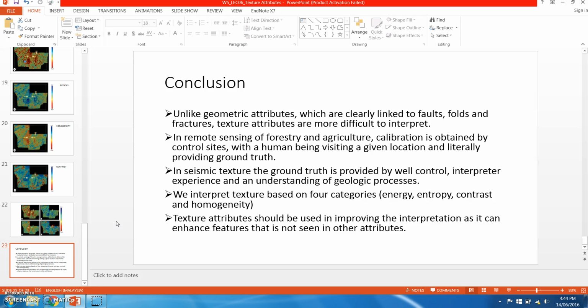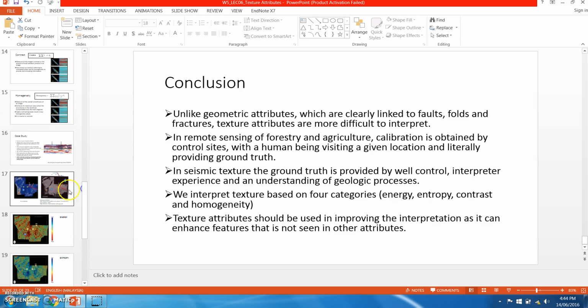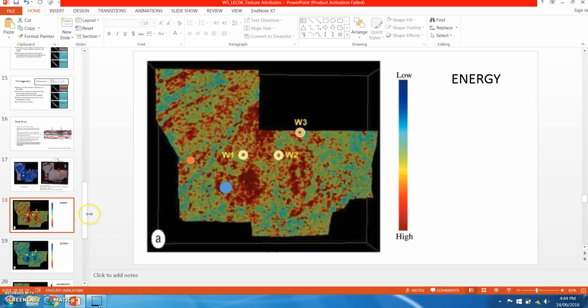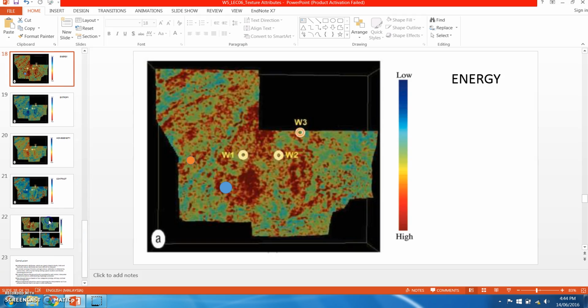Again, we cannot rely on only one attribute, which is texture. We need to combine our interpretation with other attributes. In our case, we have true amplitude, coherence attribute, as well as four different texture attributes to convince the location.